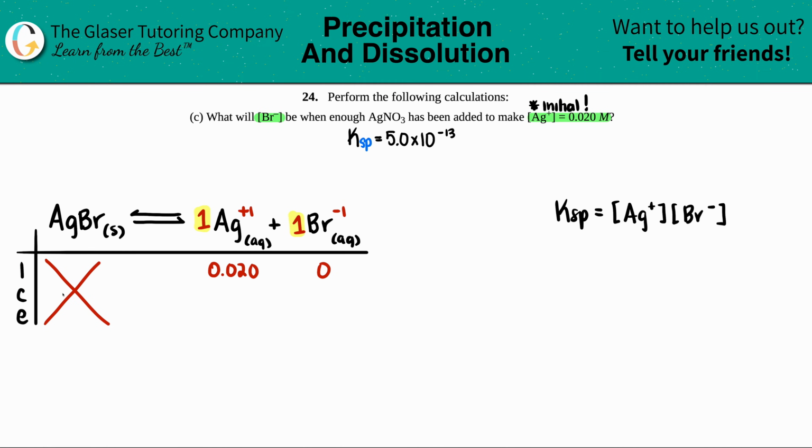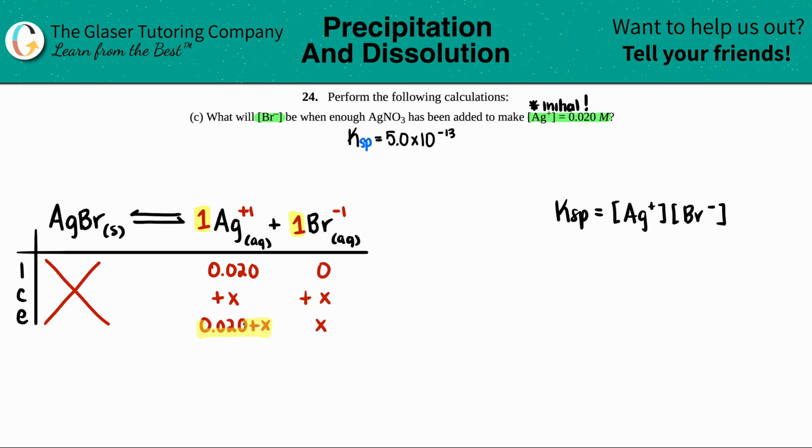C stands for change, so you could only go up from 0. By how much? We don't know. So plus x just has to stay with the coefficient, so it would be plus 1x. And this would also be plus 1x or plus x. And then equilibrium, you just pull these two together. So it'd be 0.020 plus x. 0 plus x is x.